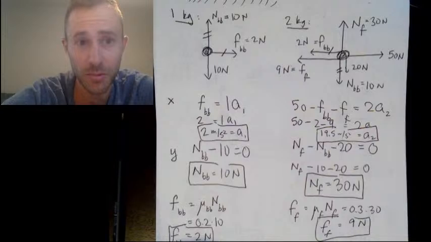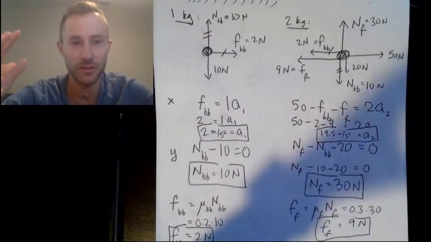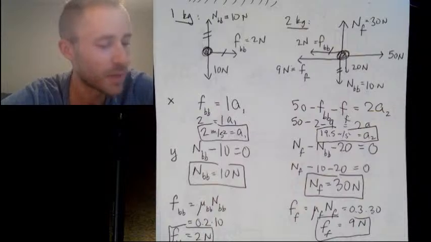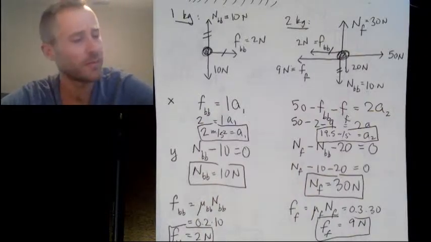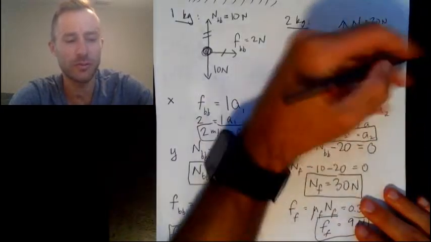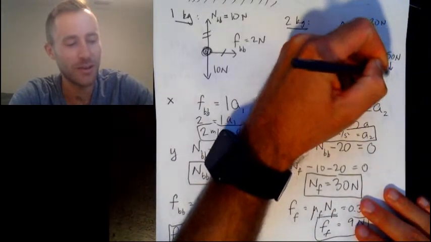So it can get really complicated, and the number of complications increases as you have more objects, okay? Let me give you an example. What if this force wasn't 50 newtons? What if it was 10 newtons?